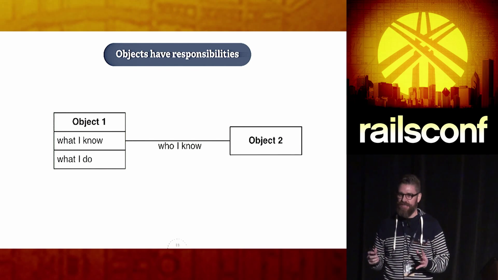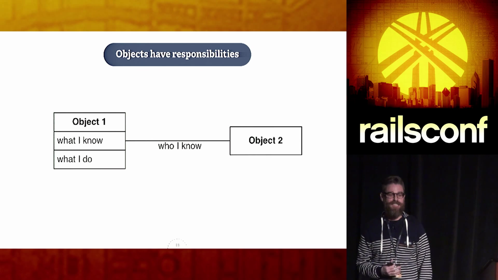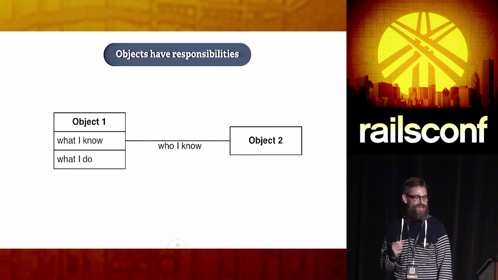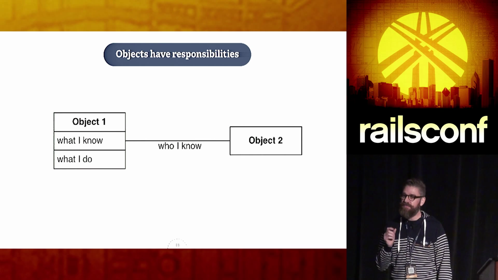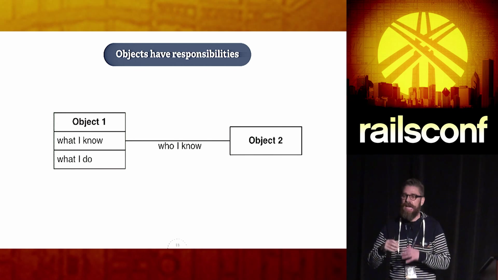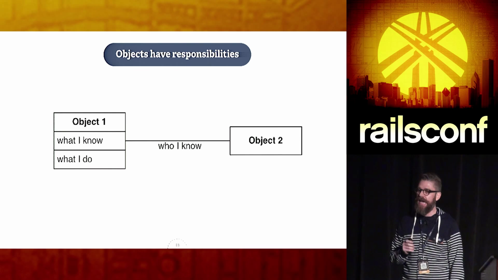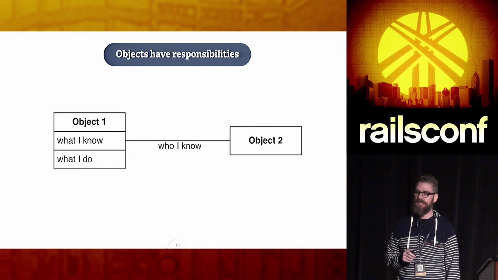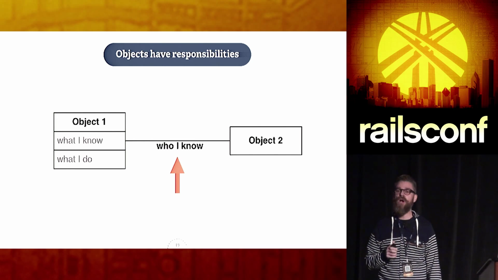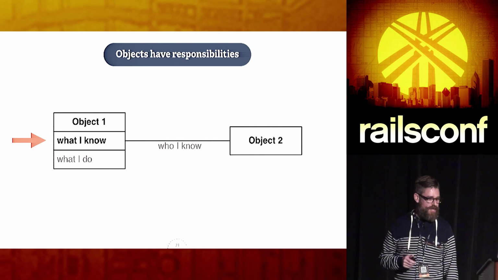Now, as object modelers, our basic building blocks are objects, which is fantastic, because as Rubyists, we work in an object-oriented language. When I speak about objects, I'm going to speak in the first person, and this helps us personify these objects. So objects have 3 responsibilities: who I know, what I do, and what I know.